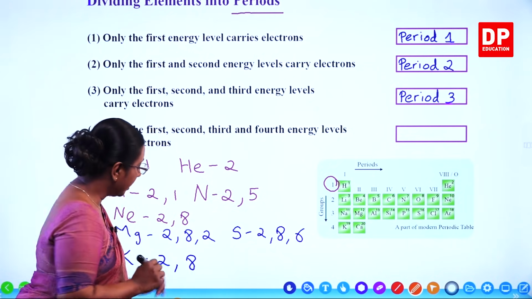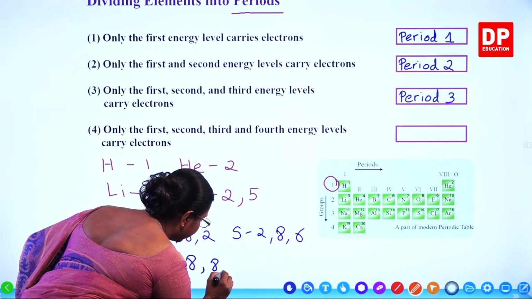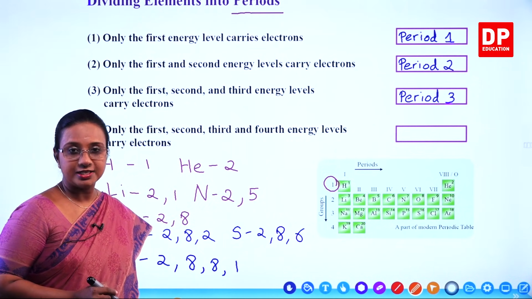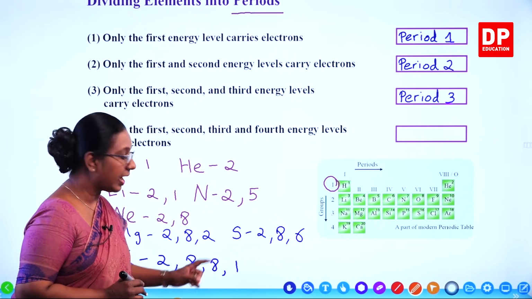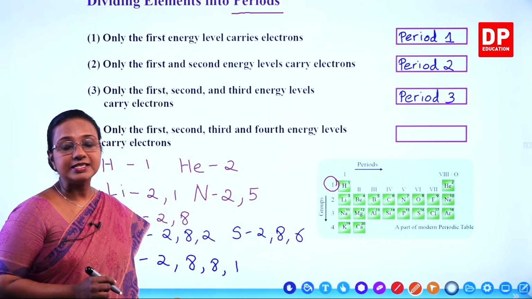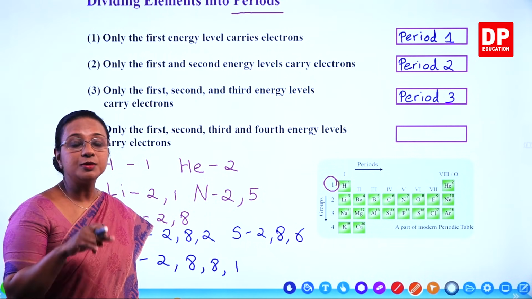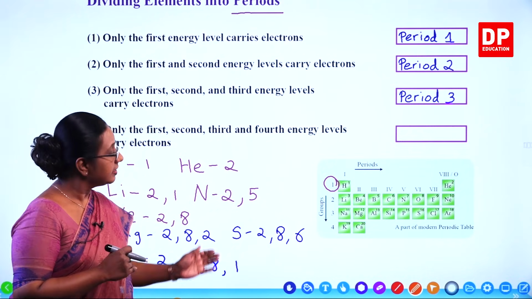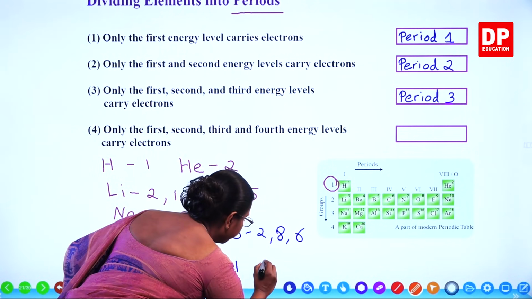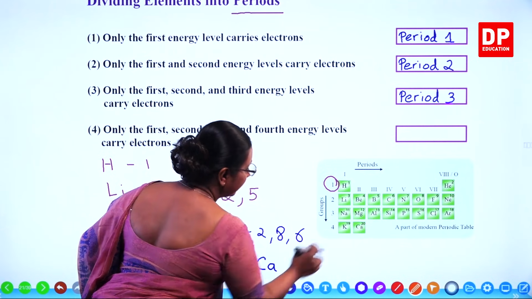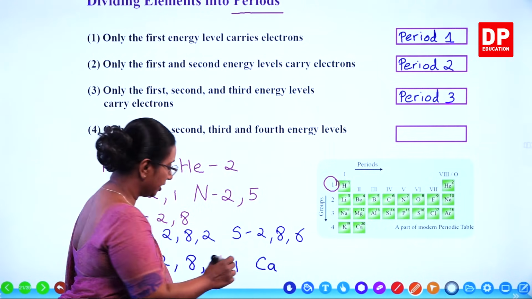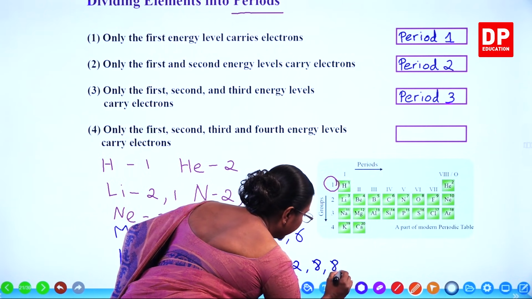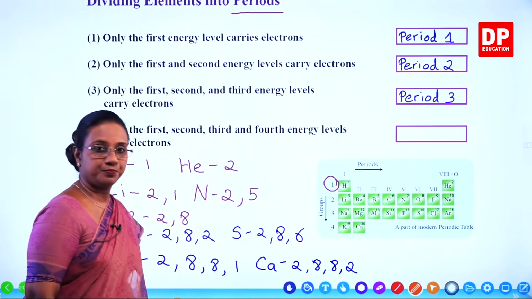No. We have to write 8 here and the last electron will go to the fourth energy level because we can't have more than 8 electrons in the outermost energy level that contains electrons. Similarly, for calcium, atomic number is 20. So, the electronic configuration will be 2, 8, 8 and 2.